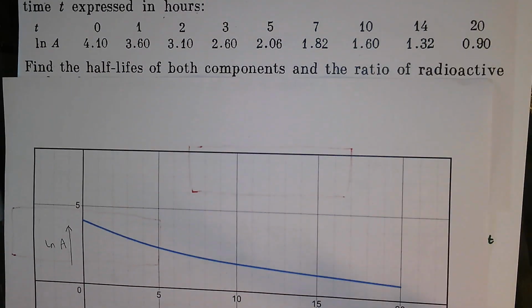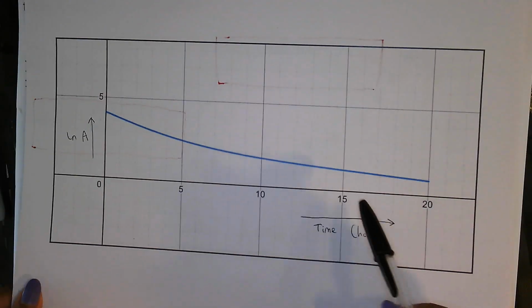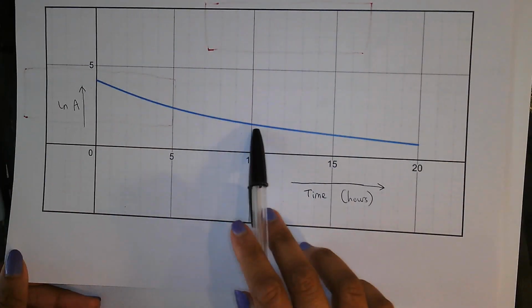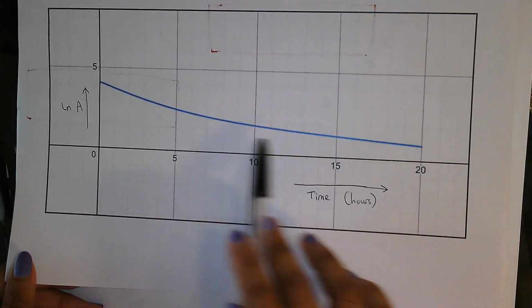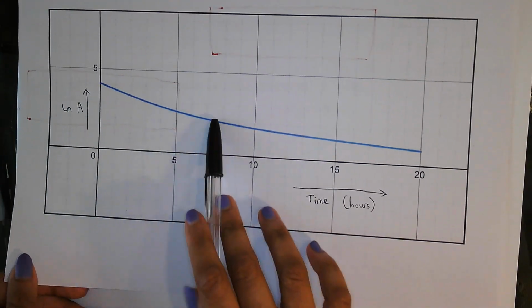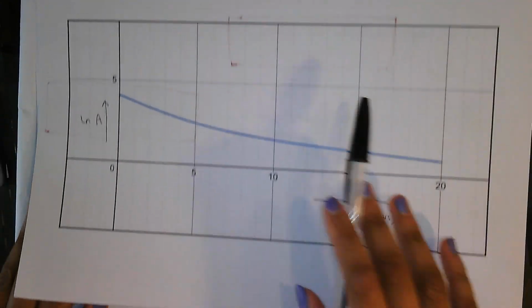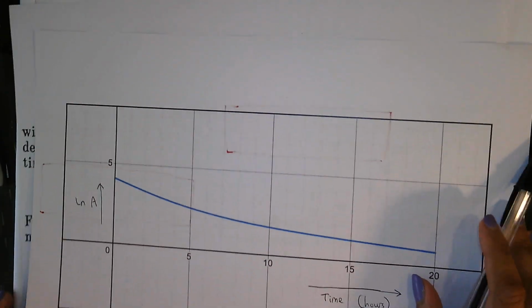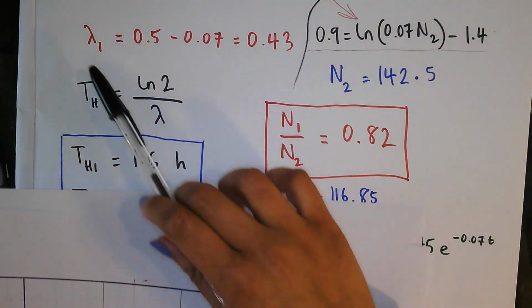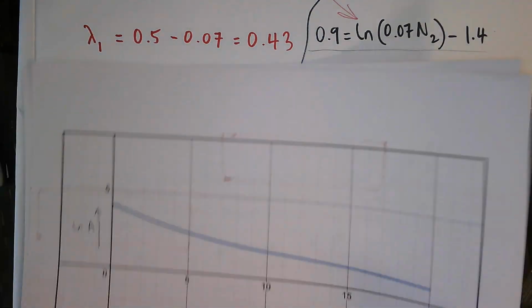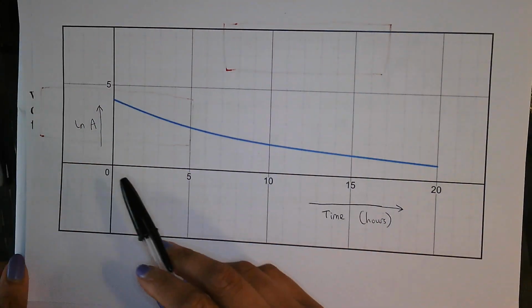So I think the graph shows that the higher values of t, between 10 and 20, are more accurate than the values when t is small, and that's probably due to the fact that we made a massive assumption when calculating the value of lambda 1. But overall it is pretty close.